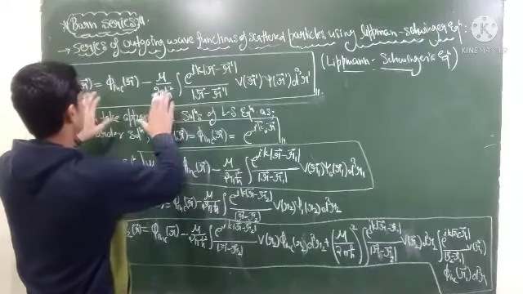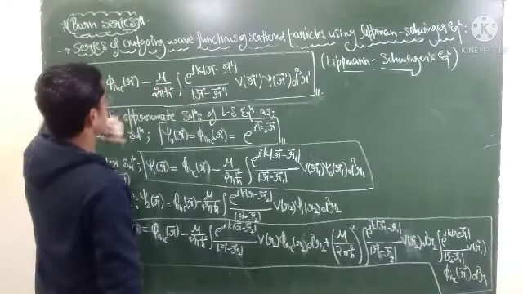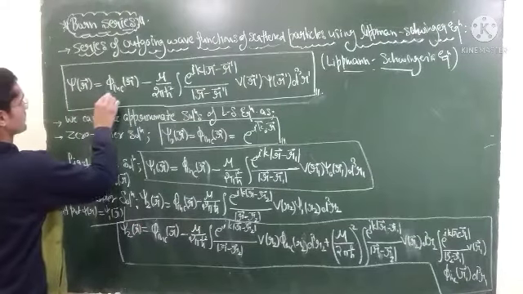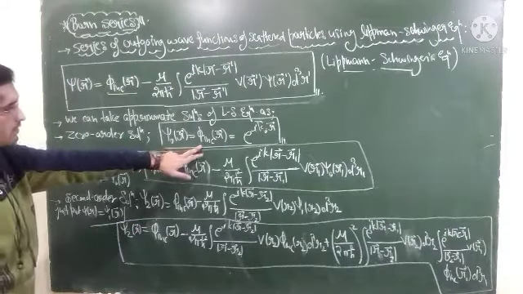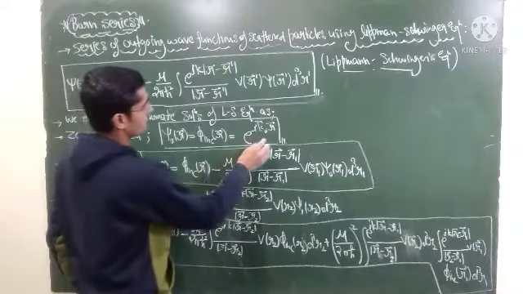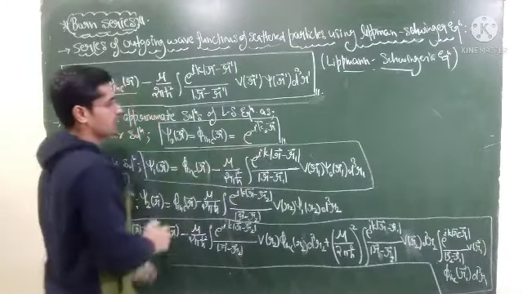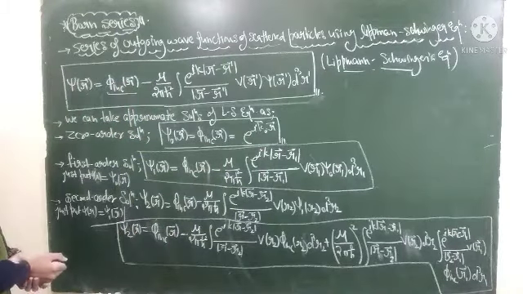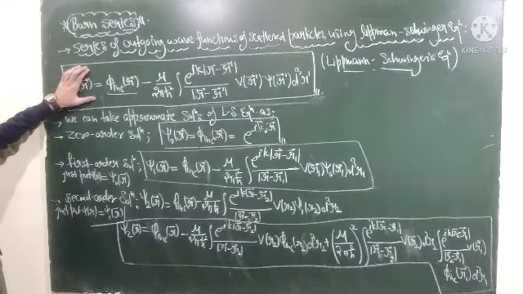So the zero order solution of the Lippmann-Schwinger equation means that there is no scattering, and the solution is just the incident particles. We know that incident particles are plane waves, so it is just e to the power i k naught dot r. This is the zero order solution of the Lippmann-Schwinger equation.